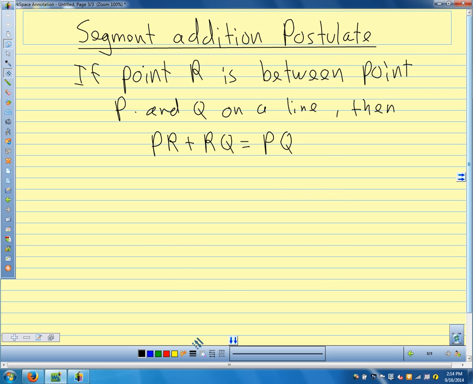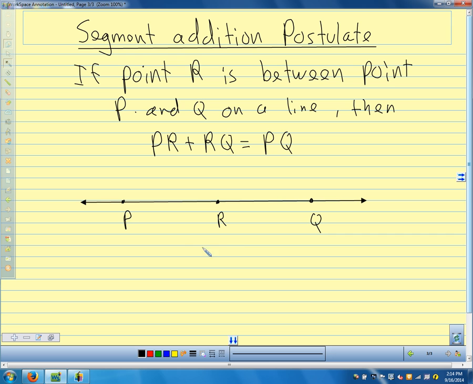So let's draw a picture because this might not make sense the way we wrote it, but once we draw a picture it should make sense. Here's point P. Here's point Q. Here's point R. This distance is PR.